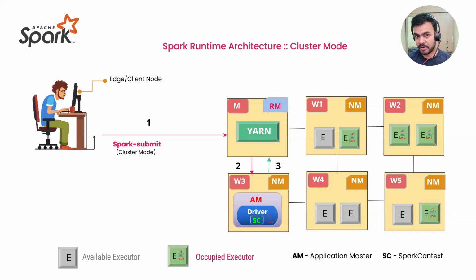Now, step 1, you submit the application to YARN. Step 2, YARN starts the application master on one of the worker nodes. The application master launches the driver, which you can call the master process. And the driver creates a Spark session. You can think of it as an assistant.